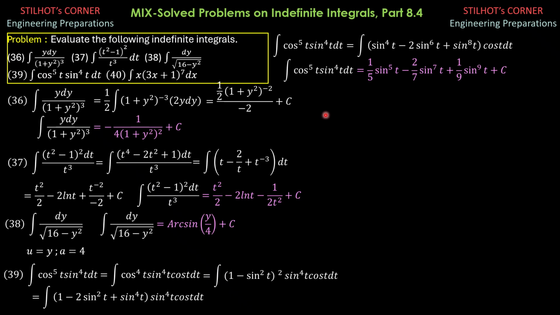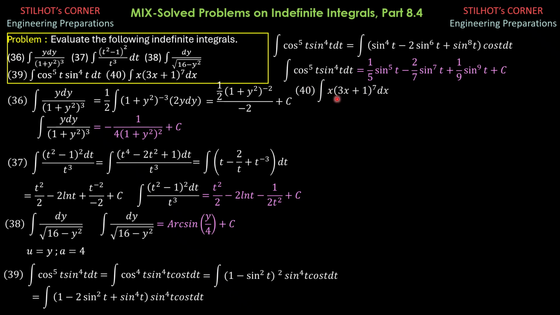Then we proceed to number 40. You have to think first. If you expand it, there will be so many terms, but the technique here is by parts, the shorter way.